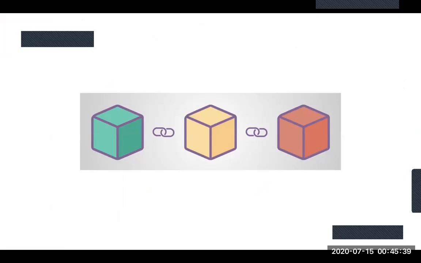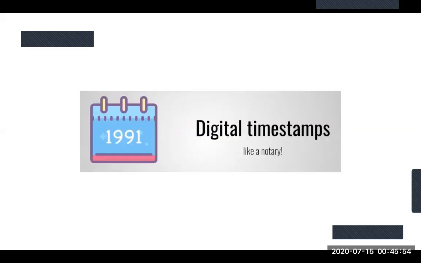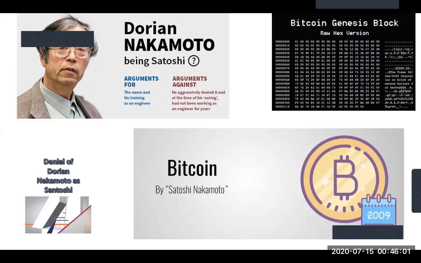If you see this figure, it is showing several blocks tied through a chain. That is the meaning of blockchain. It's basically a digital timestamp, like a notary. Its invention is even more controversial. People do believe that it was invented by Satoshi Nakamoto.